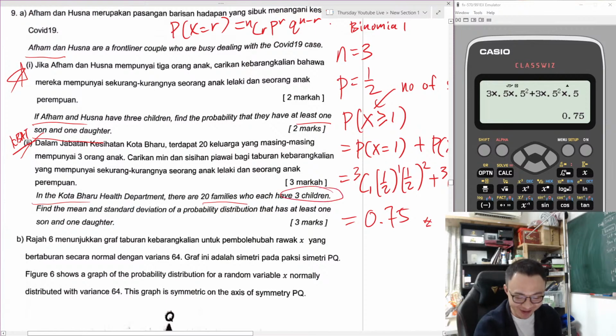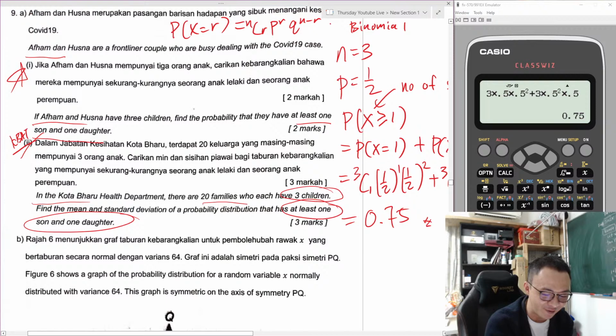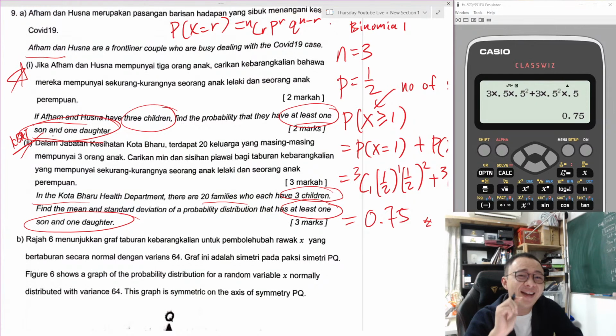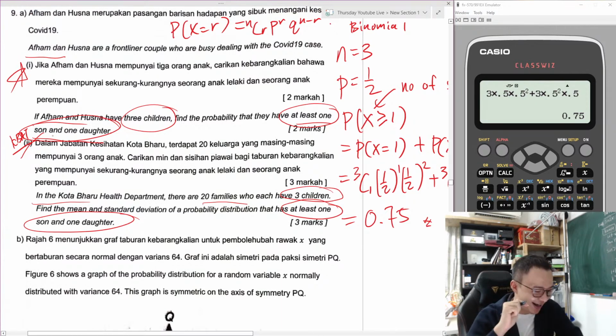Have 3 children, at least one son and one daughter. You see the part A one. This one tells you I can use the part A1 result as my p-value in the A2 question.